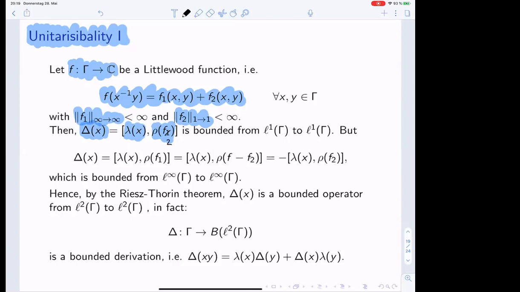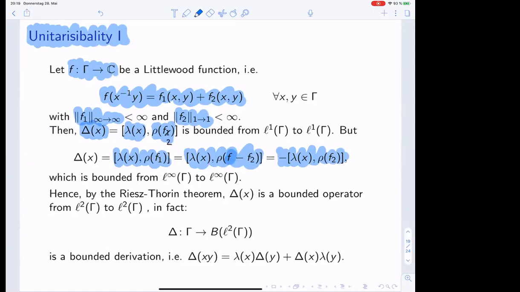But if we compute the commutator with F1 now, then F1 can be written as F minus F2, and F was an equivariant operator. So we obtain exactly the same commutator, only with the minus sign.